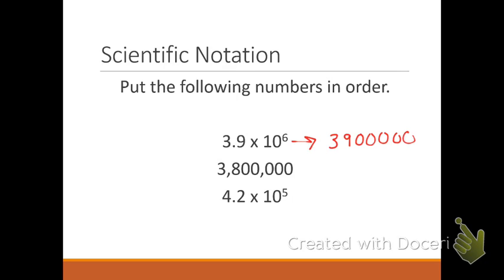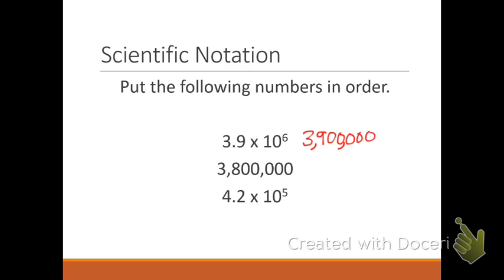Remember, I usually just put a bunch, and then if I have too many, we can get rid of them. So right now the decimal is here. I need to move the decimal 6 places, 1, 2, 3, 4, 5, 6. So I'm going to need 1, 2, 3, 4, 5 zeros. So this is going to be 3, 9, 1, 2, 3, 4, 5.